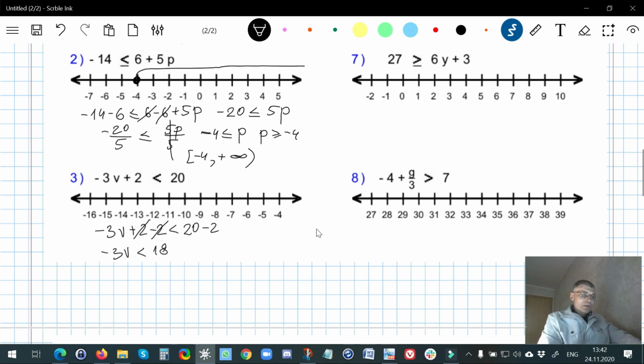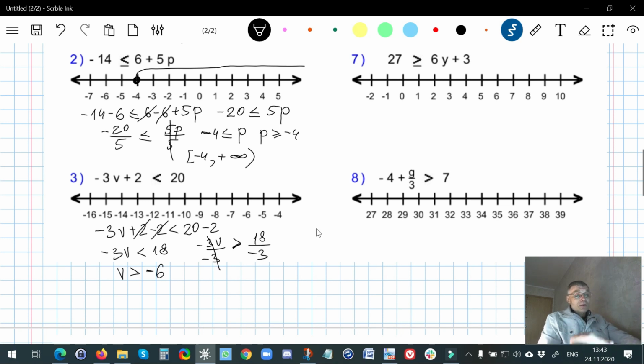Then I divide by negative 3, and here I change the sign, because I divided by a negative quantity. So what we have is v is greater than negative 6.